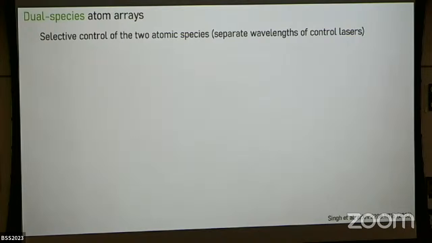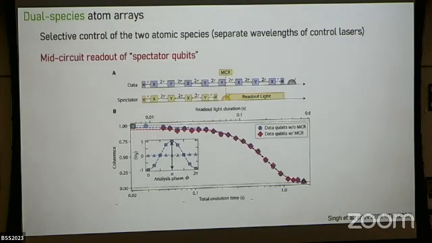And so when you address one of the two atoms, the other one is not affected. And so the applications that have been recently demonstrated for this in this recent paper, again, from I think a couple months ago as well, the first one is how you can also do mid-circuit readout of what they call spectator qubits that are basically ancilla qubits, but they give them another name.